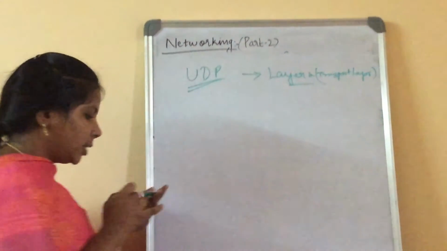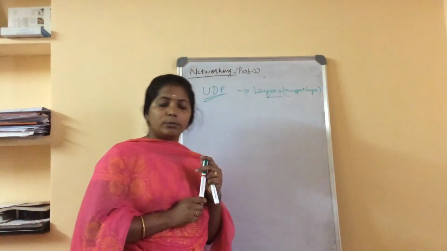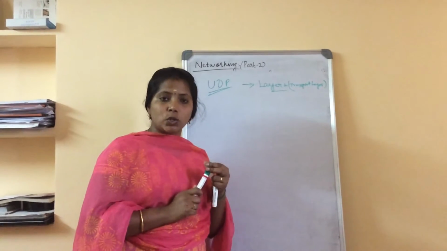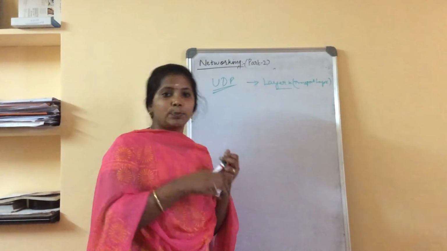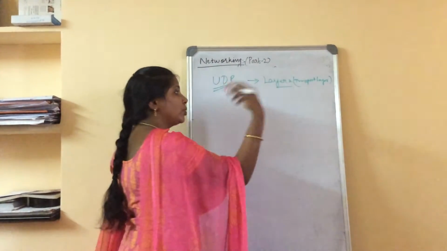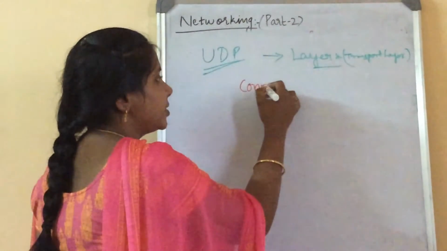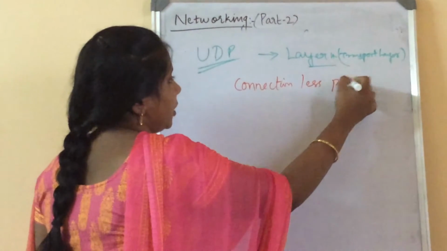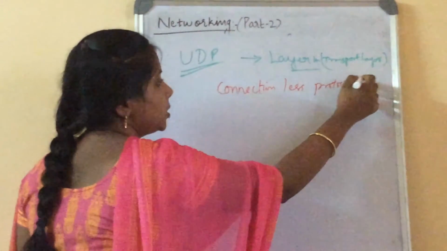UDP connection will not have an acknowledgement, so it is called a connectionless protocol. This is a connection-oriented protocol, and this is a connectionless protocol. UDP is called a connectionless protocol.